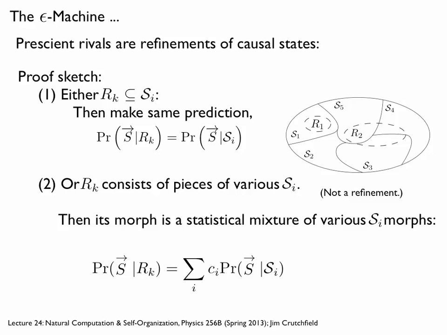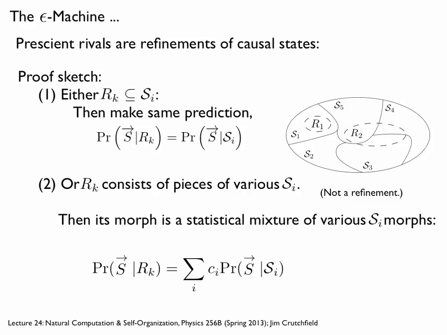Either the set of histories associated with the rival state is completely contained in one of the causal states, or the set of histories lies across different causal state equivalence cells in the space of histories, mixing them together.